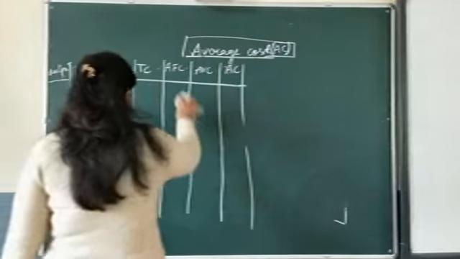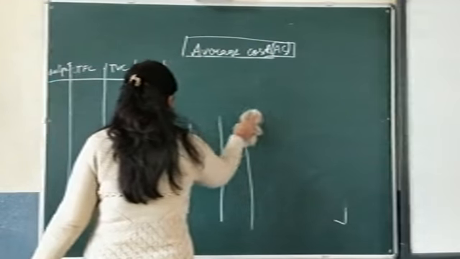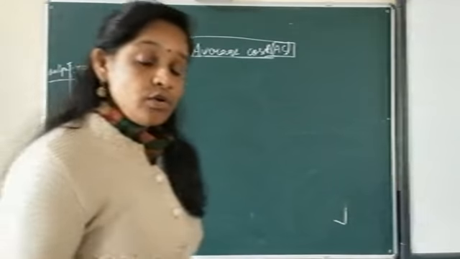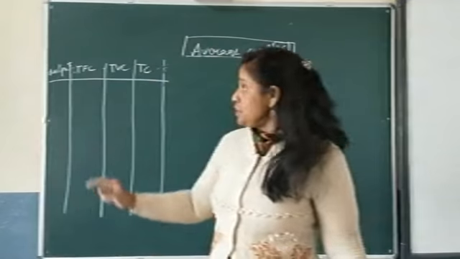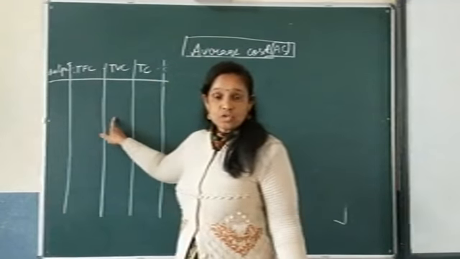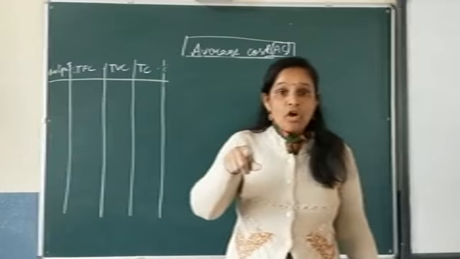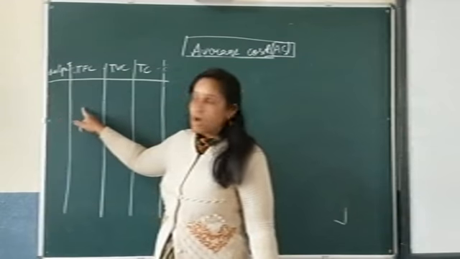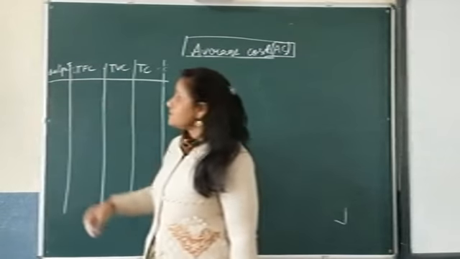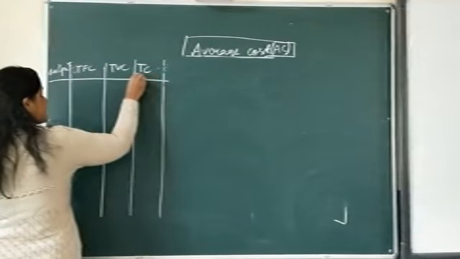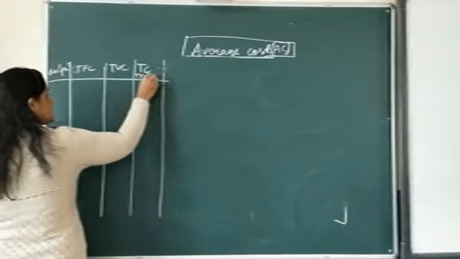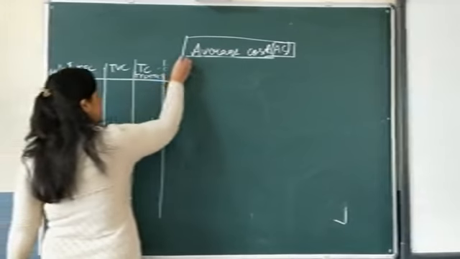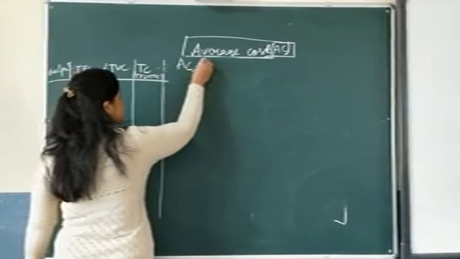So, first you need total cost, and how do you get total cost? When you add total fixed cost and total variable cost. So, in the schedule of average cost, you need output, you need total fixed cost, you need total variable cost, and when you do TFC plus TVC, you will get TC, and TC will help you to get AC, because what is AC?